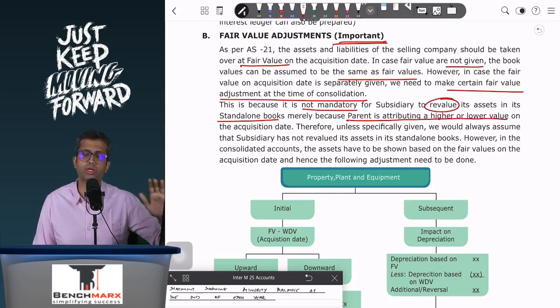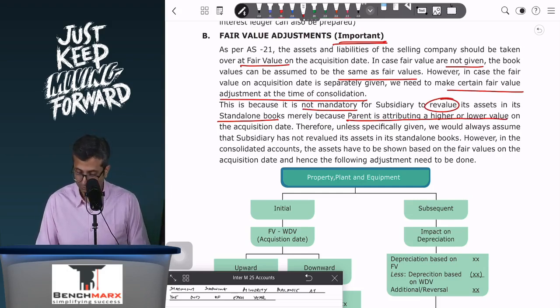The subsidiary is continuing its separate legal existence. When the parent acquires the stake, it is just a change in the register of members. Therefore, unless specifically given, we would always assume that the subsidiary has not revalued the assets in its standalone books. However, in the consolidated accounts, the assets have to be shown based on the fair values on the acquisition date, and hence the following adjustment needs to be done.